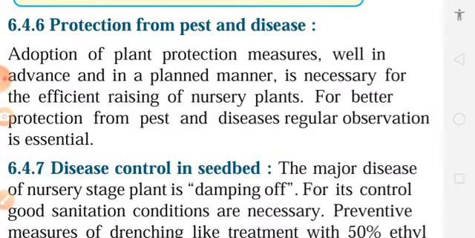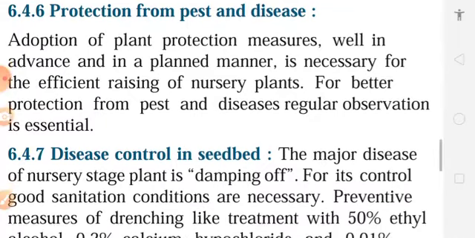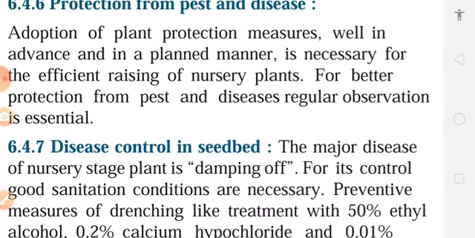Now protection from pests and diseases also has to be done. For that purpose we have already studied that drenching of chemical or insecticide can be done, but along with that, we have to adopt some plant protection measures in advance when we start raising the seedlings.